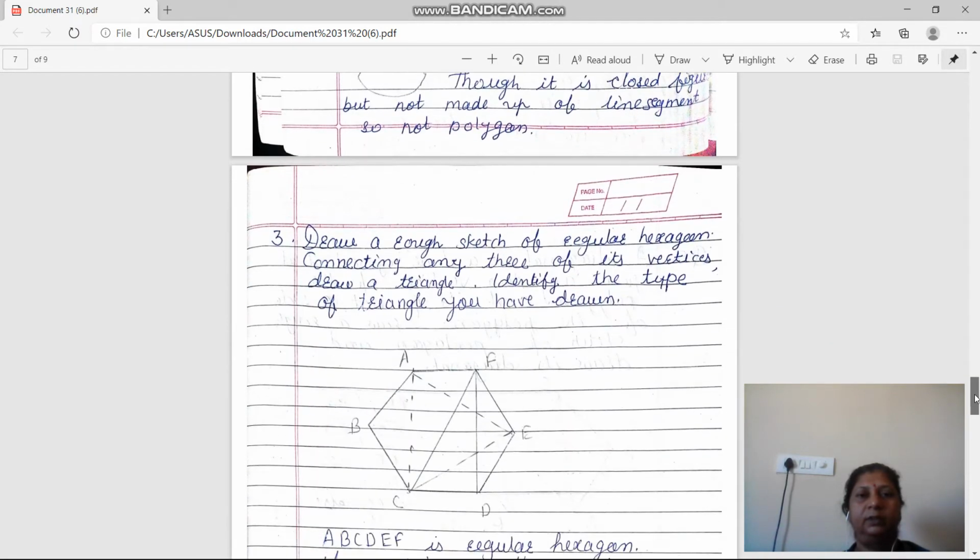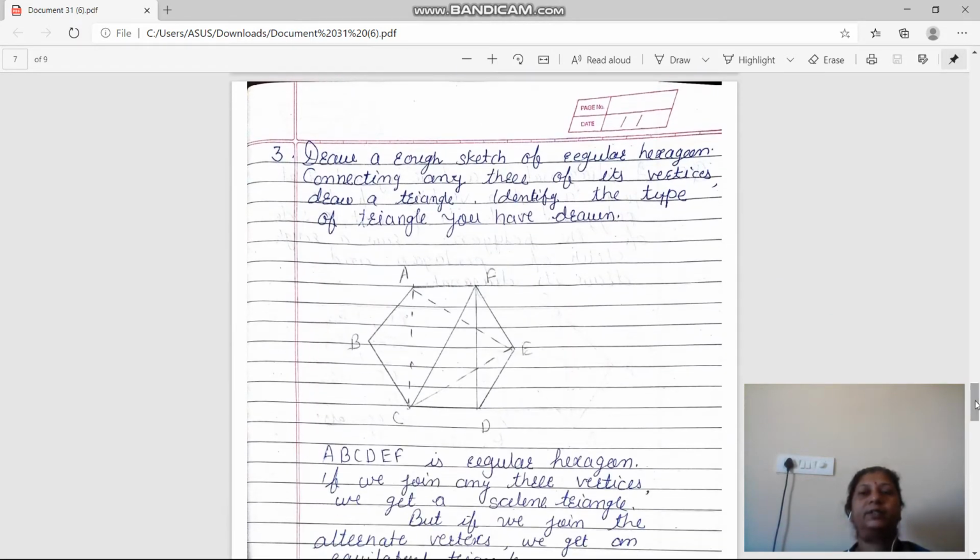Next, draw a rough sketch of a hexagon connecting any three of its vertices. Draw a triangle. Identify the type of triangle you have drawn. Now see here, this is a regular hexagon. What is a regular hexagon? A hexagon is regular when all its sides are equal. I have drawn it in such a way that all its sides are equal.